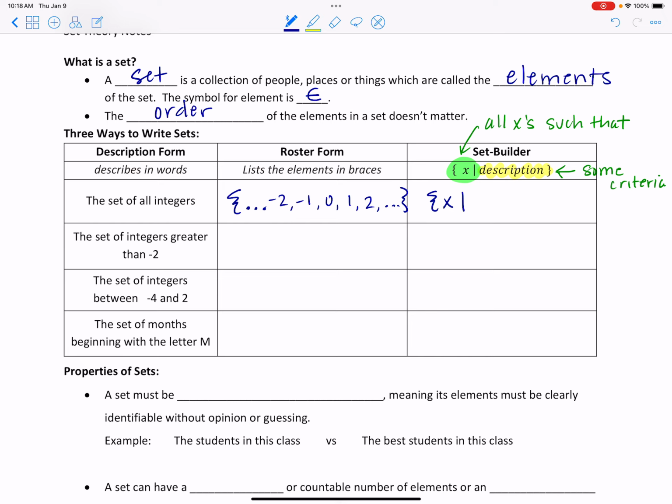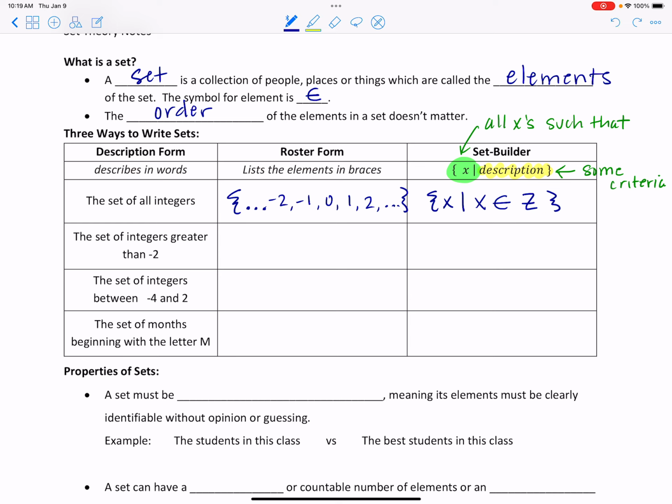So here we want all x's such that we want all integers or numbers such that our x's, our numbers in this case, are elements of the integers. And the integers we use the capital letter Z to represent. And so that's what our set builder notation would look like there. And if you wanted to say integers here because you didn't know the symbol for integers, that would be fine. Okay, so that's what our set builder notation looks like.